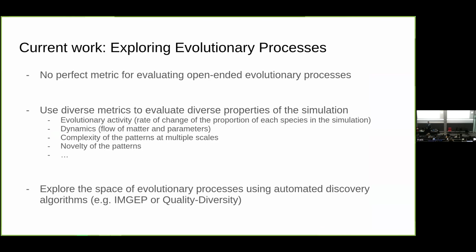The tricky part with this kind of work is that the ways to measure properties of evolutionary processes in the case of continuous cellular automata are not quite ideal yet. However, by combining multiple metrics, such as one for evolution, one for complexity or novelty, we can use some algorithm of automated discovery to try to explore and sample this space.